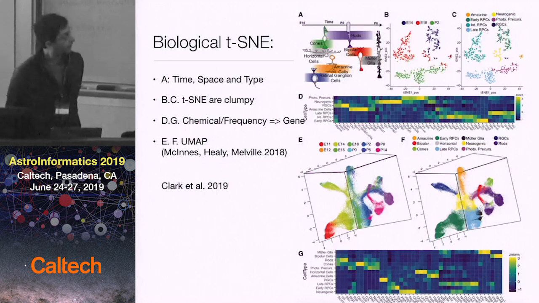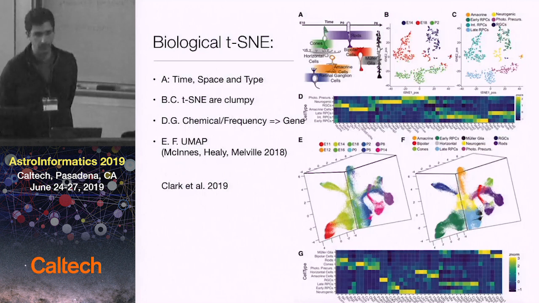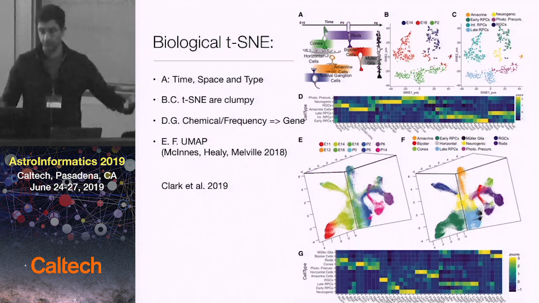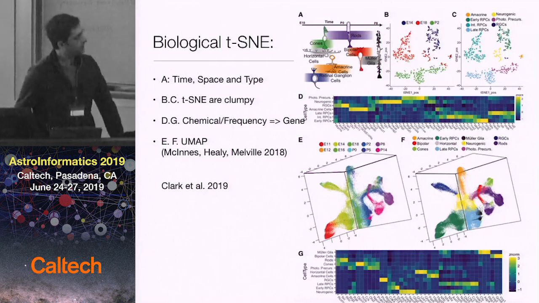Now, E and F are similar to the t-SNE plot, but they are what's called a UMAP plot, which is a very, very new kind of method. It's basically another kind of embedding, different from t-SNE. It's a differential geometric approach, if you like, making the assumption that the points are uniformly distributed on a Riemann manifold.